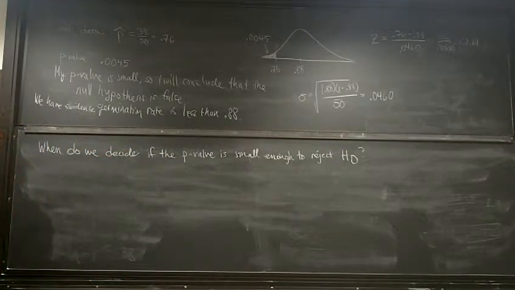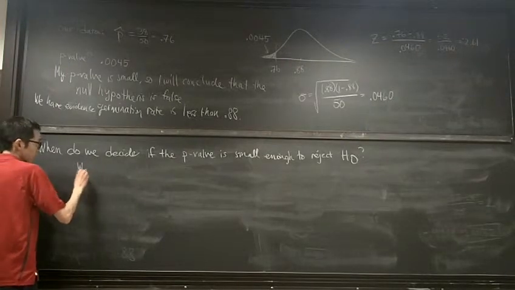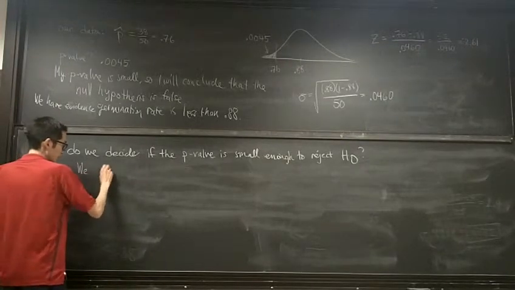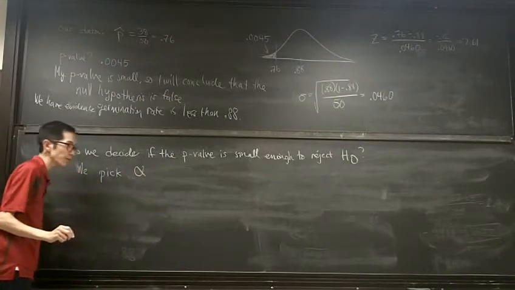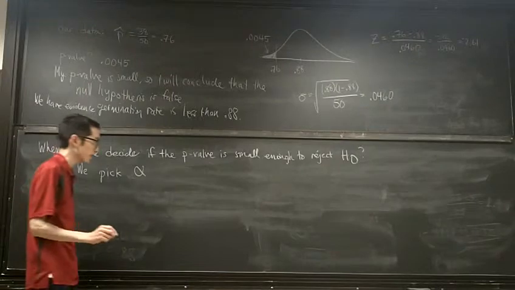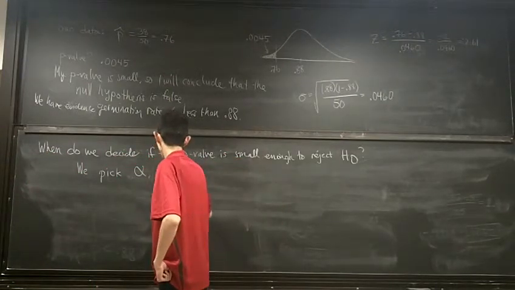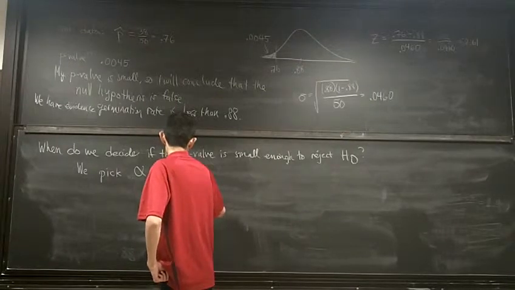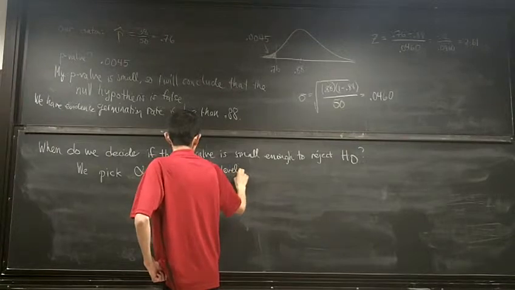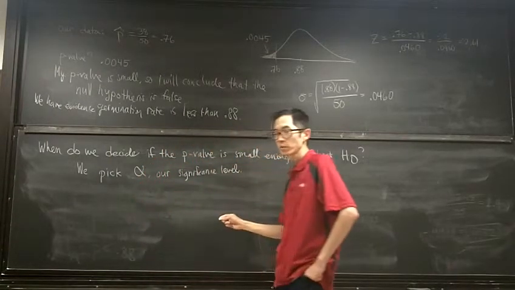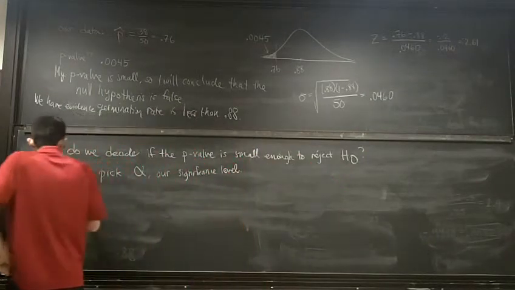Well, we pick an arbitrary value called alpha. Okay? Alpha is called our significance level. Okay? And if the p-value is smaller than alpha, we say the p-value is small.